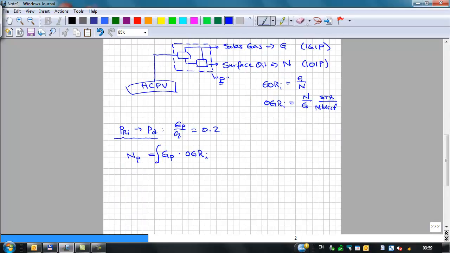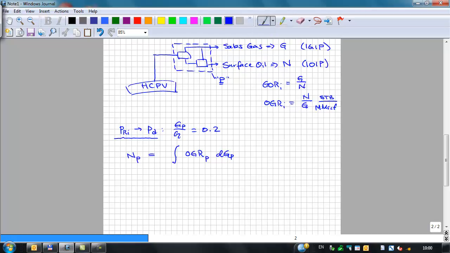And to make it a general statement, we have to do this, with dGP instead of GP.